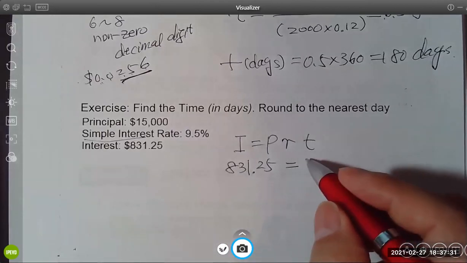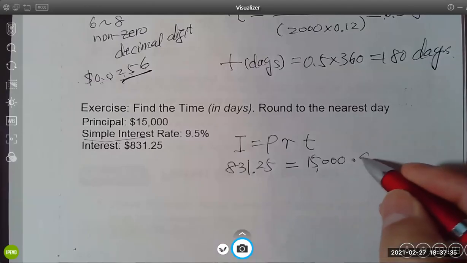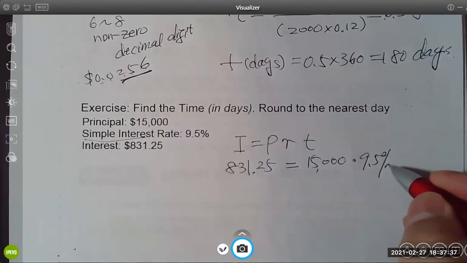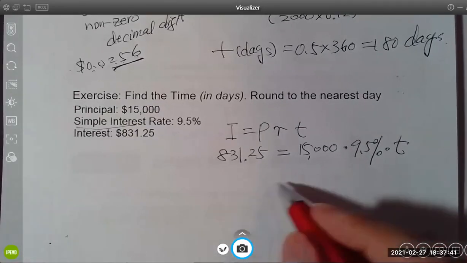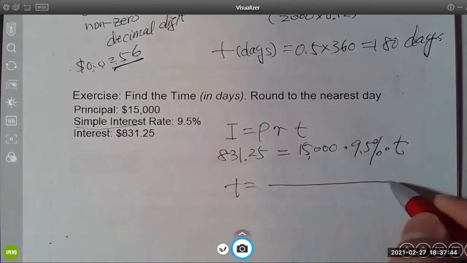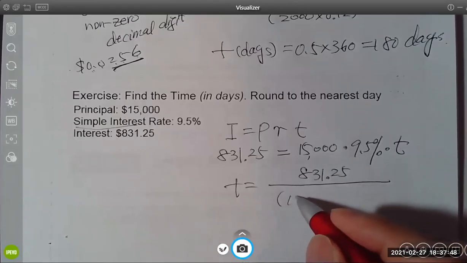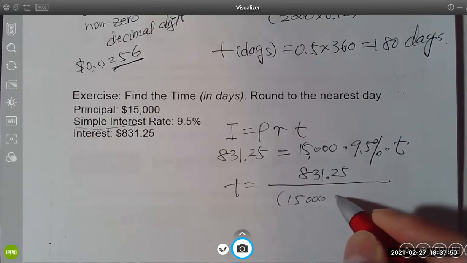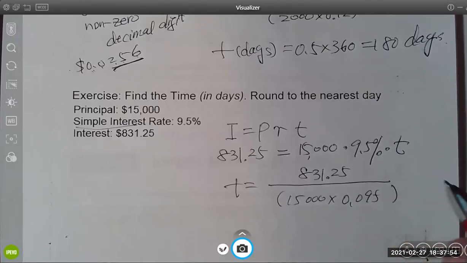And P is 15,000. R is 9.5%, and we're looking for T. So T equals 831.25 over 15,000 times 0.095.